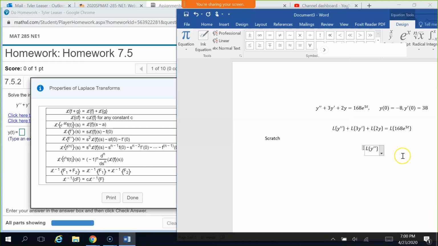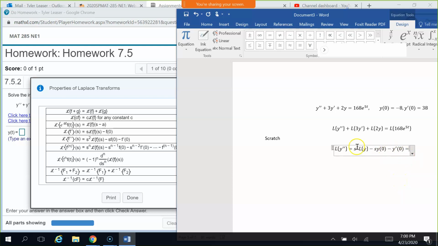So we just copy down that formula. The second derivative is s squared, the Laplace transform of just the original function y, minus s times the original function y at 0, minus the derivative of the original function y at 0.